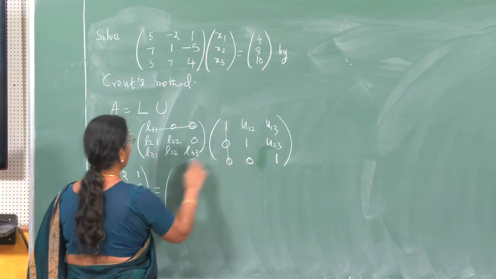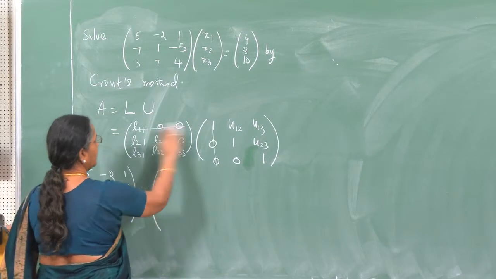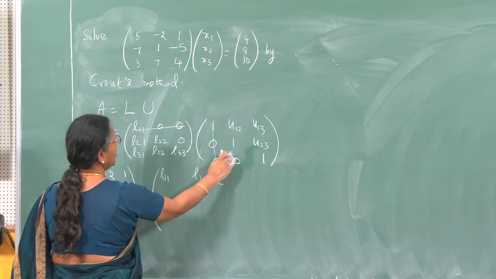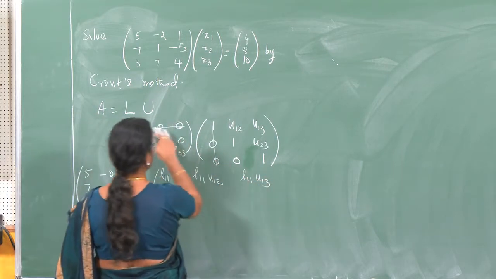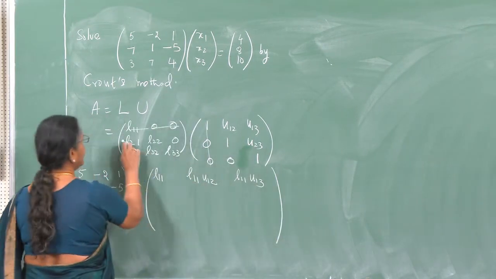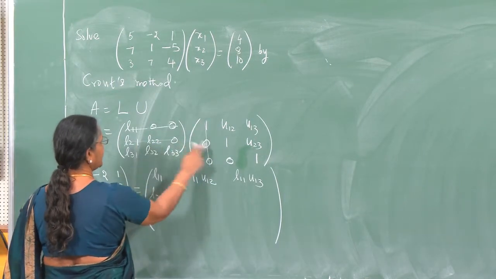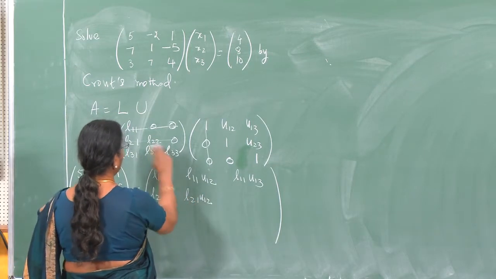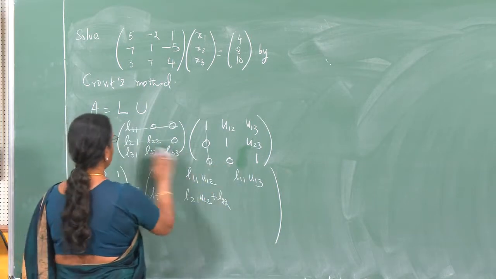So, let us multiply these two matrices and write down the entries. First row into first column: L11, then L11 U12 plus 0 into 1 plus 0 into 1, L11 U13 plus 0 plus 0 into 1. Then second row into first column, L21 into 1 plus 0 plus 0, L21 U12 plus L22 plus 0 into 0.